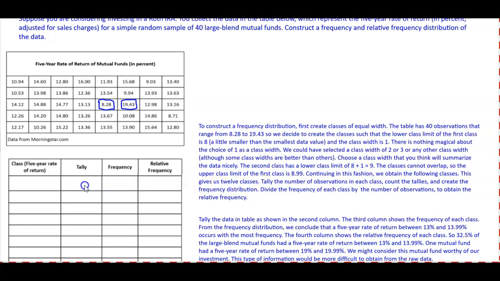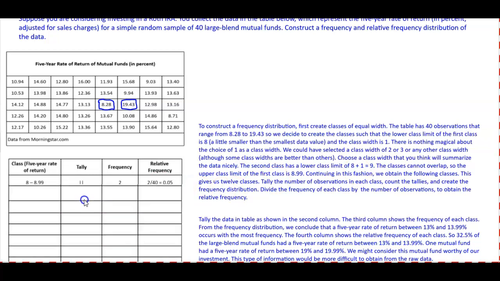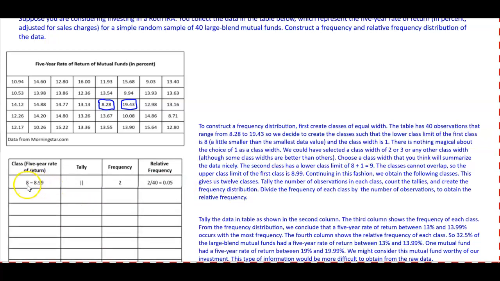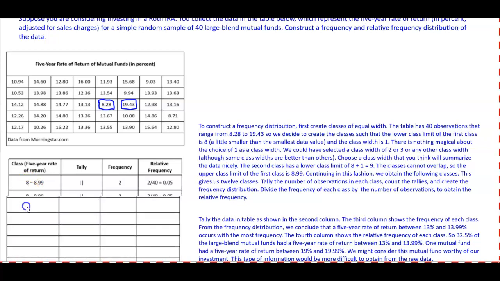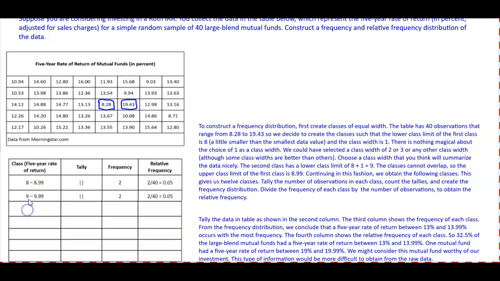In our first step, the lower class limit is 8, and if we add 1 to that 8, that gives us 9. So our lower class limits go from 8 to 9, and we can see that there's a difference of 1.